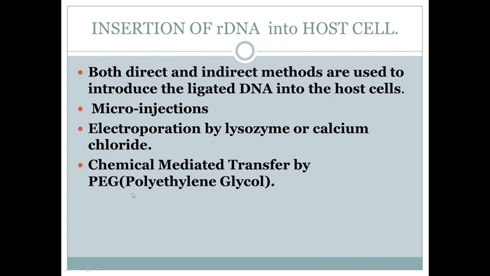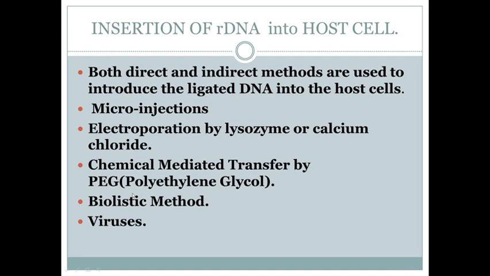The next physical method is the biolistic gun method, or gene gun method. This is an instrument with the help of which we are directly able to insert the foreign DNA into the host. Next can be an indirect method, in which we make use of certain viruses like bacteriophages.